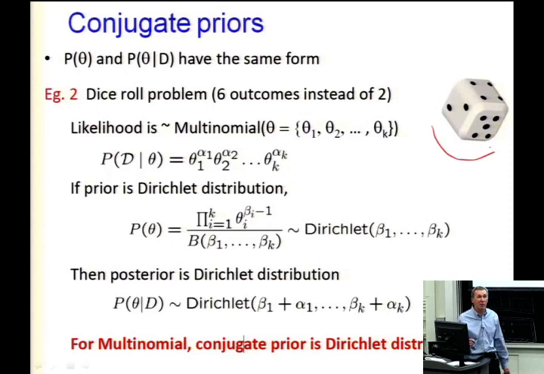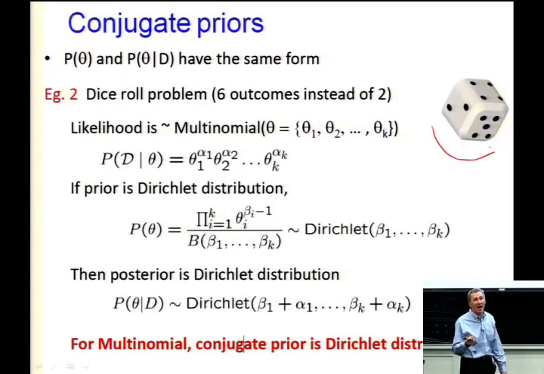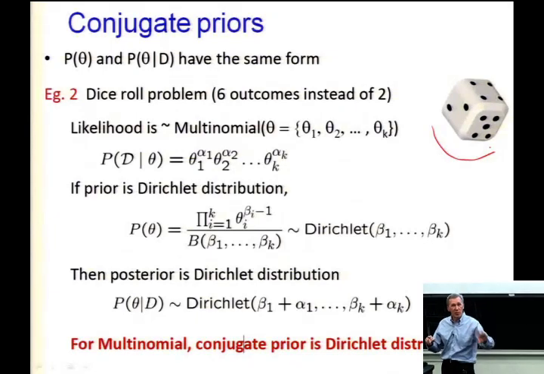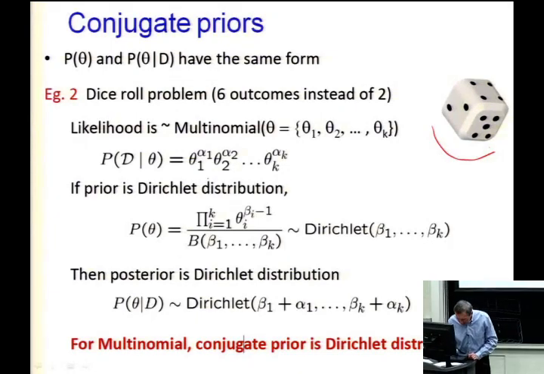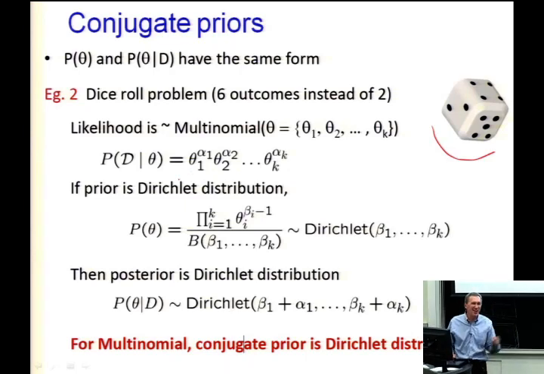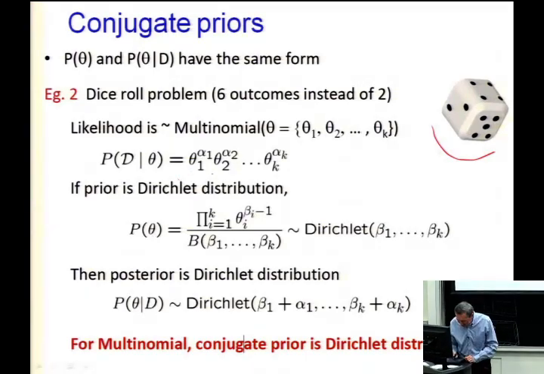So imagine we have a variable which is the roll of a 6-sided die. So obviously there are 6 possible values if we roll the die. Then, just like in the coin flipping case where it was a 2-sided die, a coin, in this case it's 6-sided.